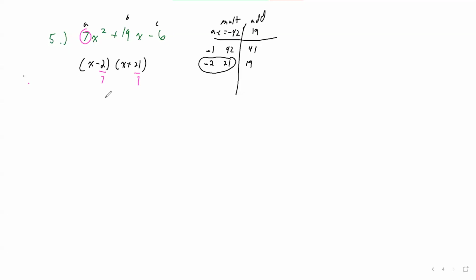What am I holding on for? Where we lost? How I got -2 and 21, or why I'm dividing by 7? Oh, okay, just taking it in. Yep, because it couldn't simplify. And then on this one, what's 21 divided by 7? 3, so that's x plus 3.